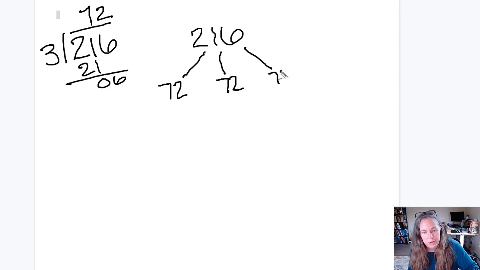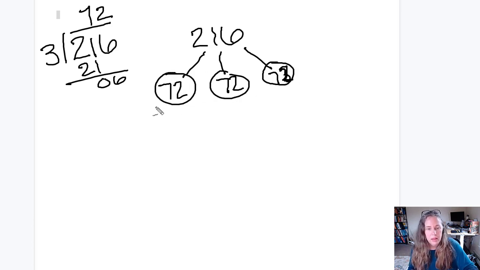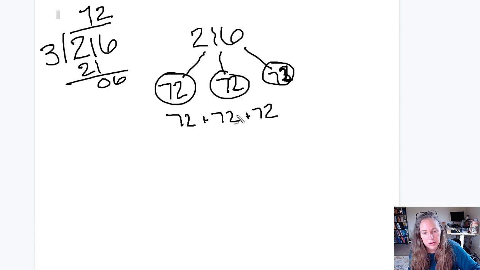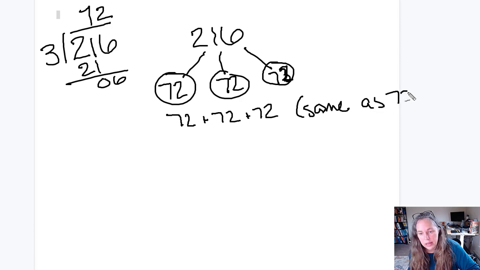When you divide by 3, you're splitting into 3 equal groups. Okay? This is different. You're splitting it into 3 equal groups that add together. 72 plus 72 plus 72. Okay? That's the same as 72 times 3. Okay?